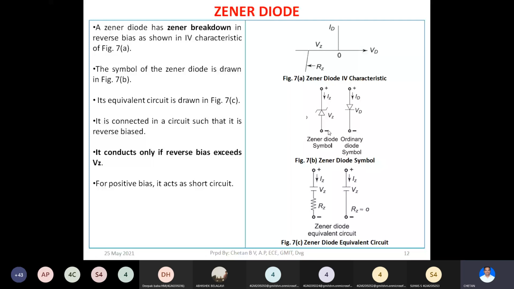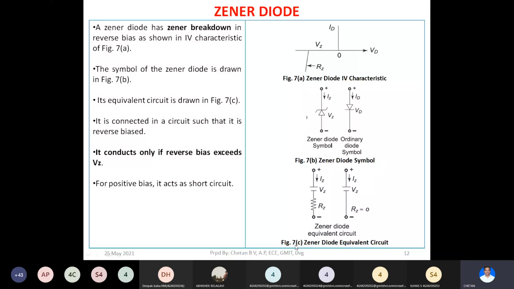So you can observe the difference in the polarity as well as the flow of current. So the current flows from cathode to anode in case of Zener diode, because this symbol is mainly with respect to the reverse biased mode of operation of this Zener diode.